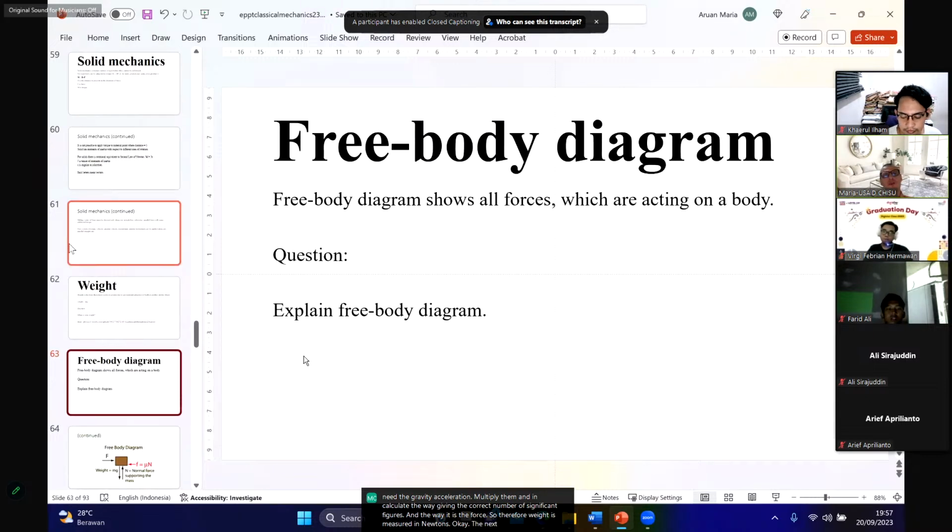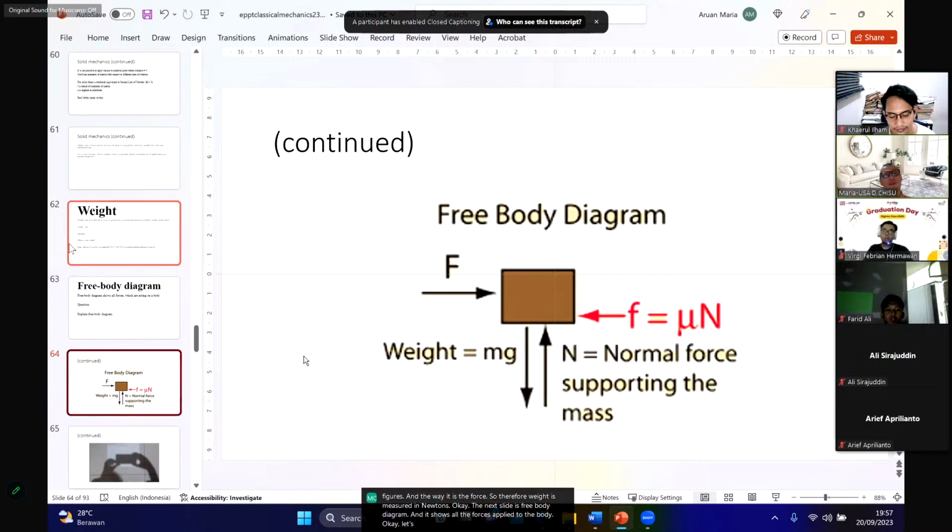The next slide is free body diagram. It shows all the forces applied to the body. Okay, let's look at the next slide, number 64. Can you see? The weight acts down, just like I told you before. My weight pushes on the chair, and the chair pushes back with normal force.